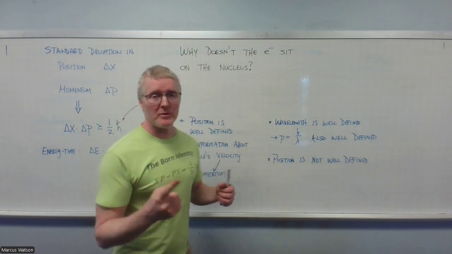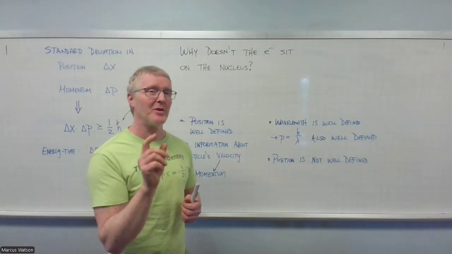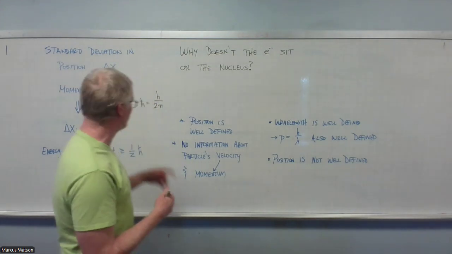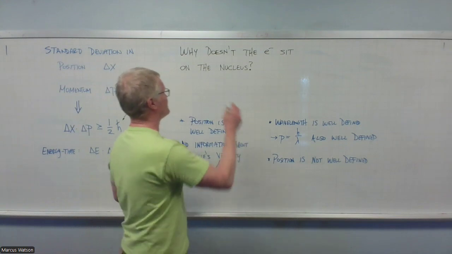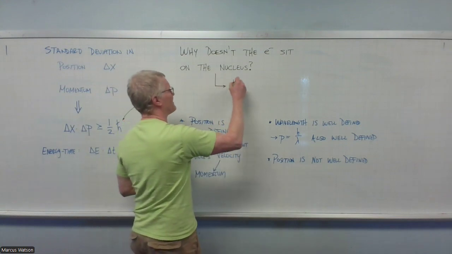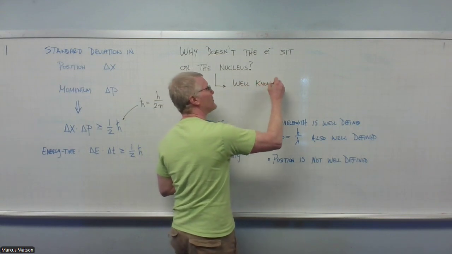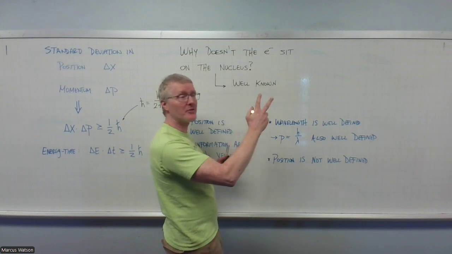Because if it did, we would know both where it was to a pretty high degree of precision, and we would know that it wasn't moving to a pretty high degree of precision. And that degree of precision would violate the uncertainty principle. That gives it a low uncertainty momentum and a low uncertainty position.